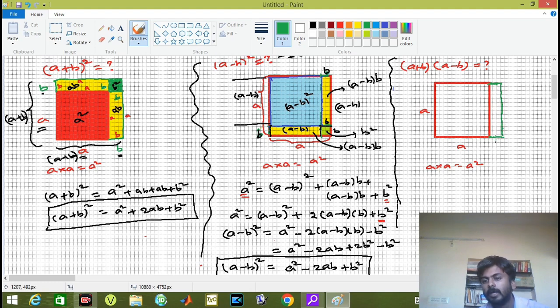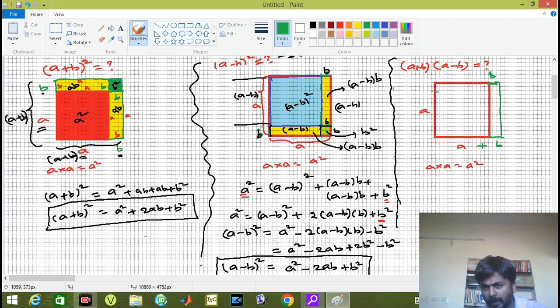This new side is called b. Actually in the length I have added a and b, but in the breadth I want to subtract this length b.